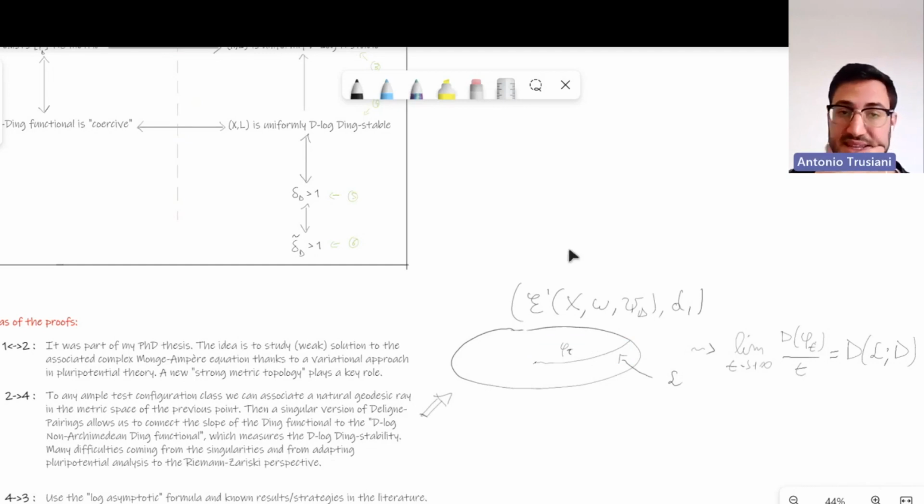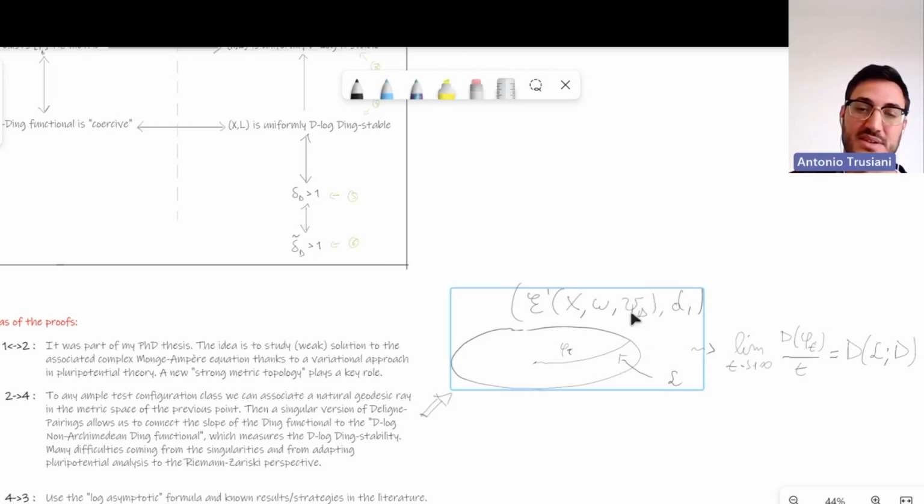This is more or less the same idea that Berman, Boucksom, Jonsson had. But the point here is that when you have prescribed singularities and when you want to read everything in a Riemann-Zariski perspective, you have many difficulties coming from pluripotential theory, to do pluripotential theory on this Riemann-Zariski space.